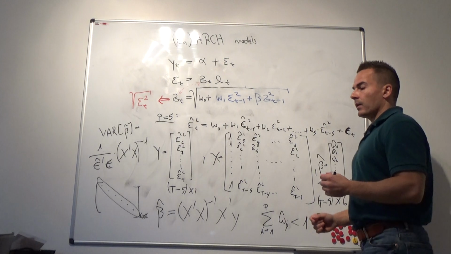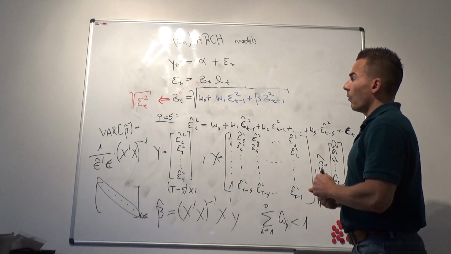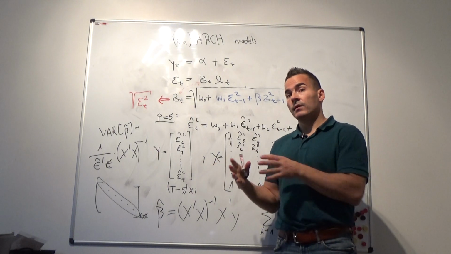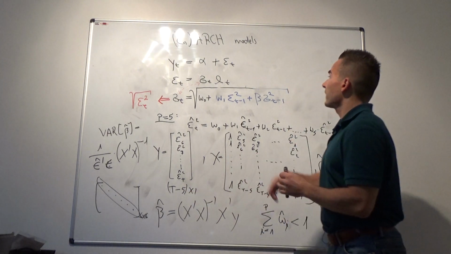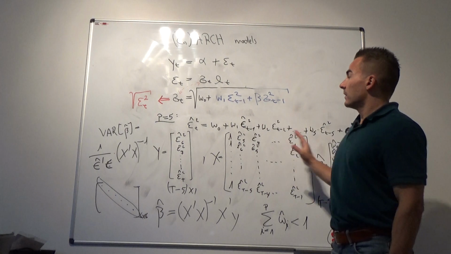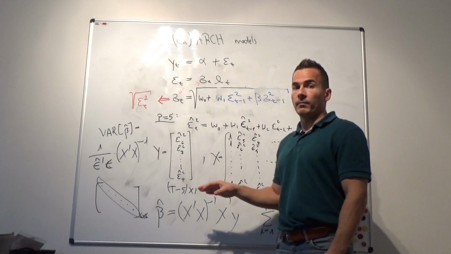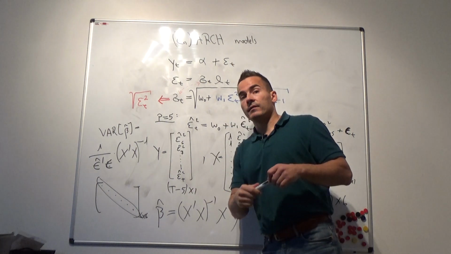And the OLS estimator and the maximum likelihood estimator coincide to be the same if we have the normal distribution. So if these guys are normally distributed, the OLS estimator is the same as the maximum likelihood estimator, which is a very nice property of the OLS estimation procedure.